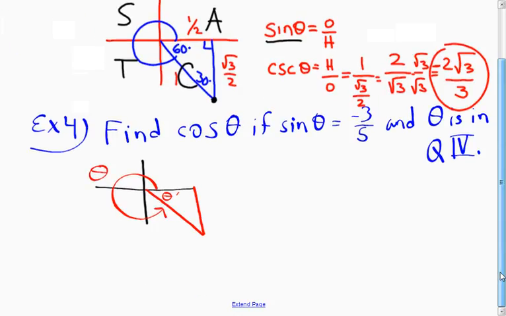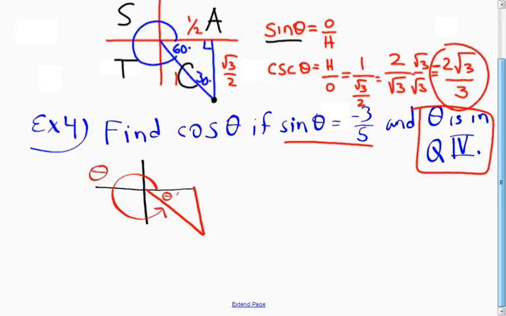Next example, example 4, find cosecant theta if they tell you sine theta is negative 3/5. And they got to tell you one more piece of information. In this case, they tell you that the theta angle is in quadrant 4. So I just draw, I don't know what the angle is, I just draw some kind of angle in quadrant 4. Draw it nice and big, so you got sort of a triangle here that you can work with.